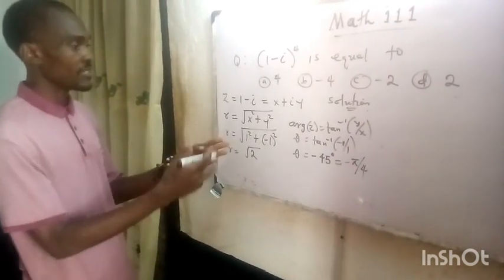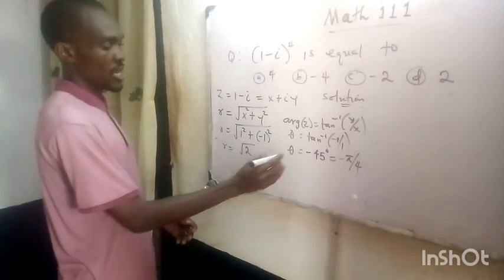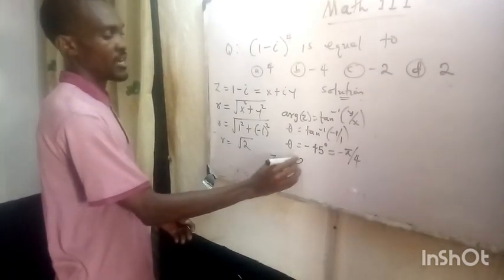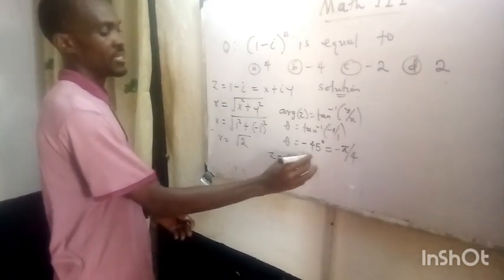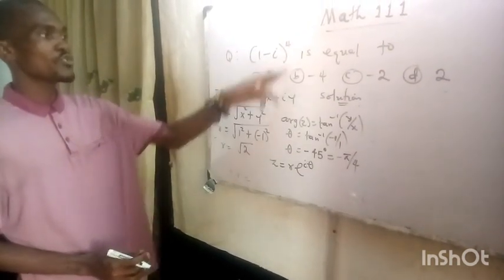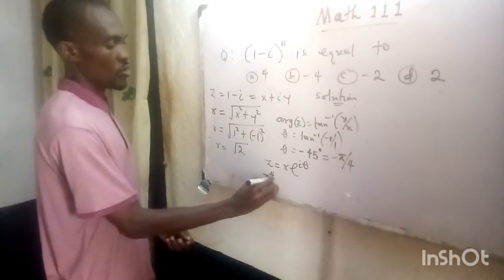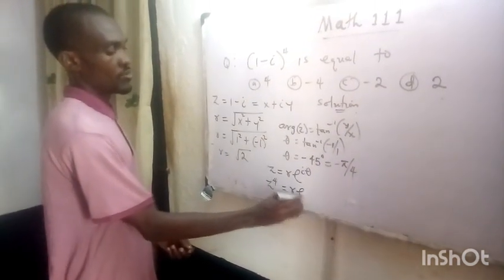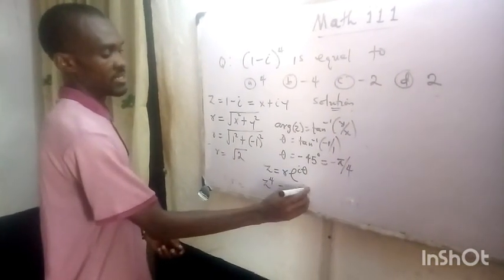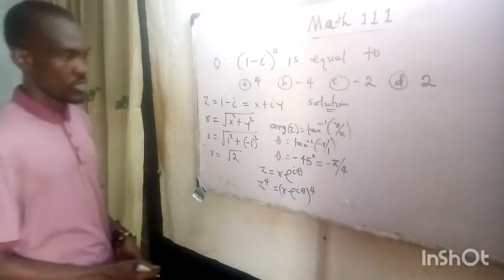I can now rewrite this complex number in the exponential form. For the exponential form, we have z is r exponential i theta. So that is the exponential form. Now we introduce the power 4. So we have z to the power 4 is r exponential i theta, all to the power of 4.